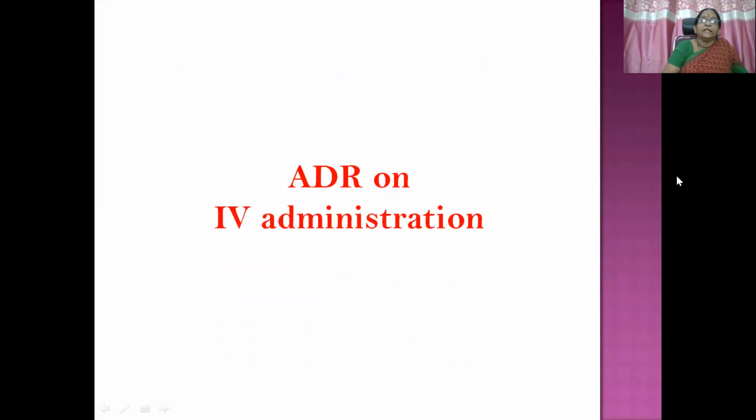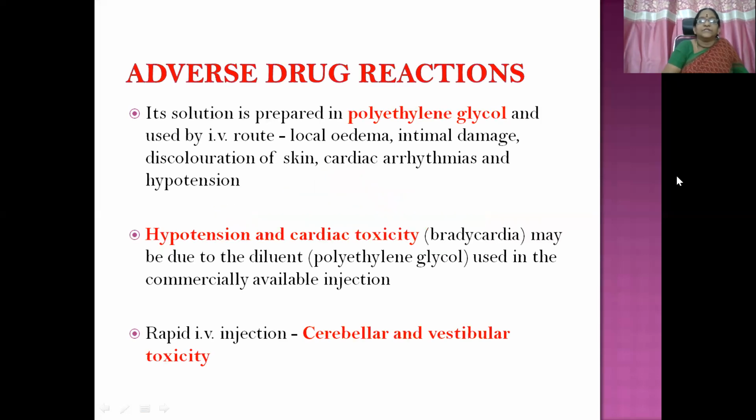Okay. Then ADR on IV administration. Its solution is prepared in polyethylene glycol and used by IV route, giving rise to manifestations around the area like local edema, intimal damage, discoloration of skin, purple-blue color, and then cardiac arrhythmias and hypotension.